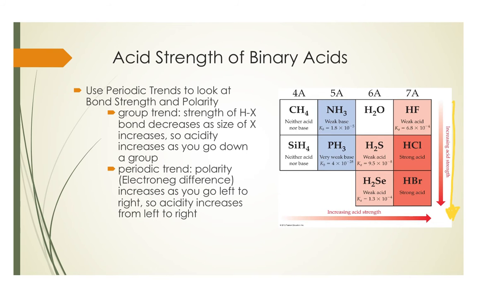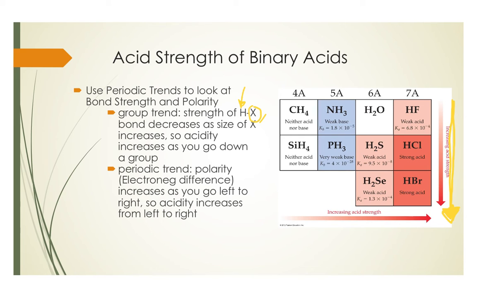This is simply based on Coulomb's law, because if whatever it's attached to gets bigger and bigger, that means you've got more distance between the H and the X, and so it gets easier and easier to remove the hydrogen. So as we go down a group, the acids get stronger just based on size.